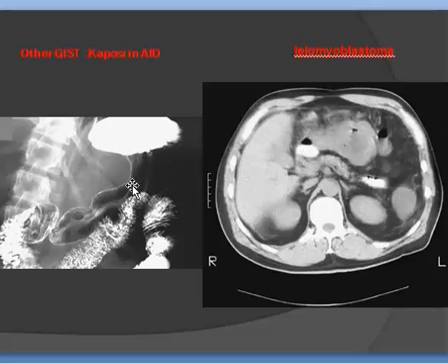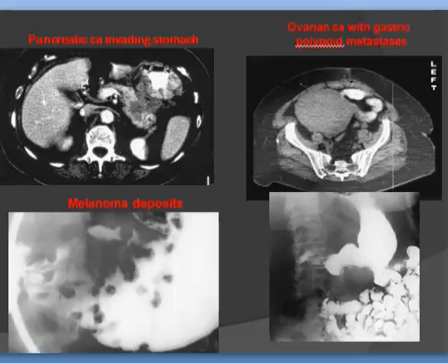Linitis plastica can also be produced due to the presence of Kaposi sarcoma in AIDS, where we also get enlarged lymph nodes at the retrogastric region. This is a pancreatic carcinoma invading into the stomach, an example of how extension can occur.